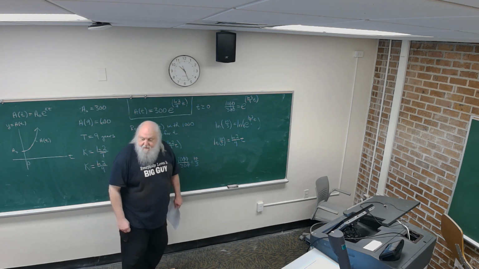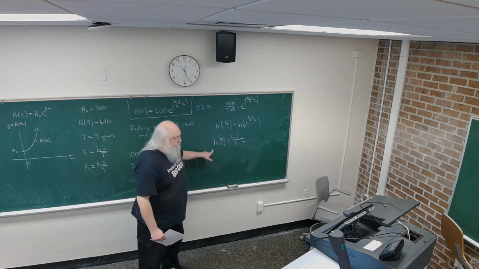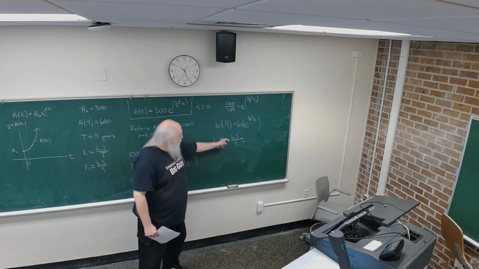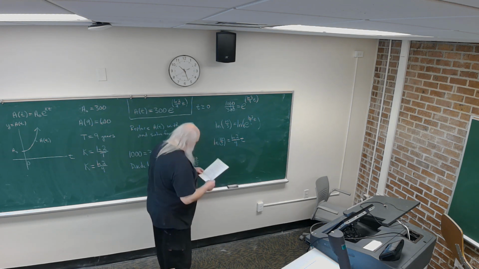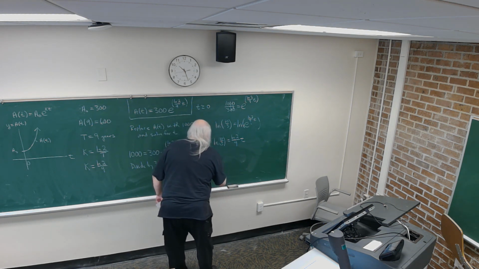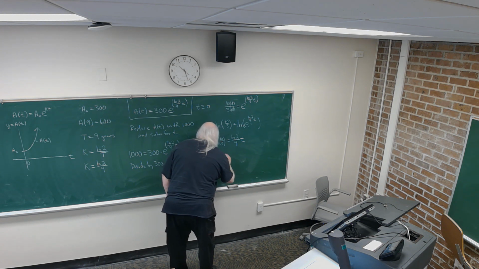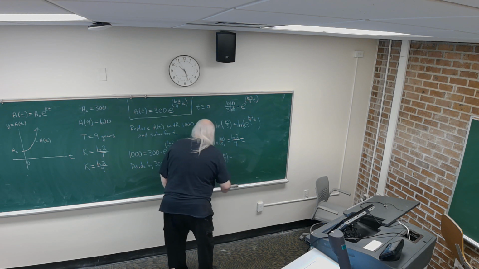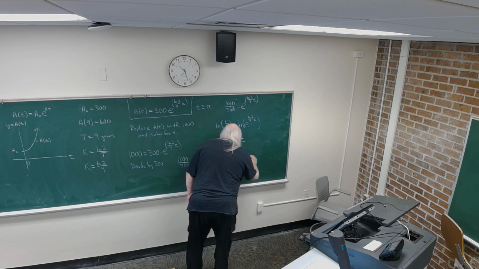Now it's easy to isolate the t, right? You can multiply both sides by 9, divide both sides by the natural log of 2, right? Or multiply both sides by 9 over the natural log of 2. Okay. And so when we do that, we have 9 over the natural log of 2 times the natural log of 10/3 is equal to 9 over the natural log of 2 times the natural log of 2 over 9 times t.